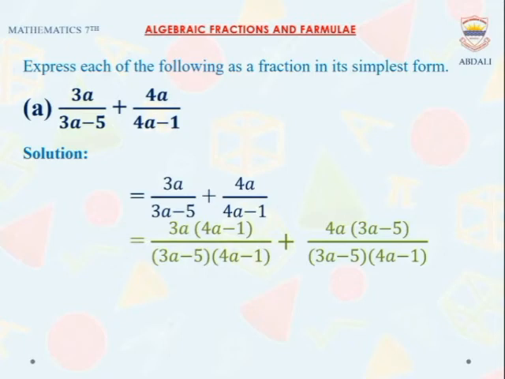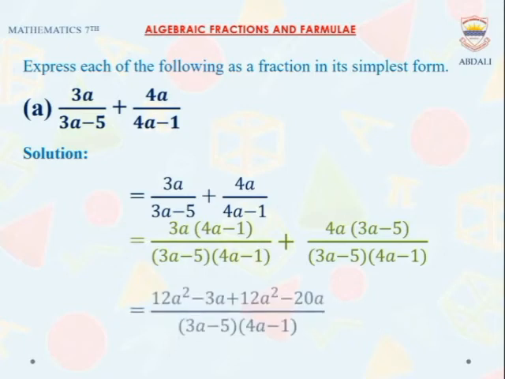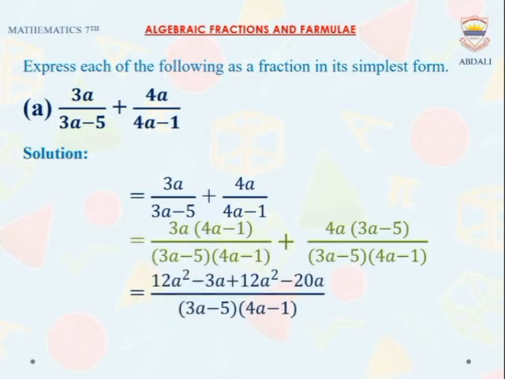So now we will rewrite our denominator as it is, and we will solve the values in the numerator. We will multiply 3a with the whole bracket 4a minus 1, and it gives 12a square minus 3a, and we will multiply 4a with the bracket 3a minus 5, and it will give plus 12a square minus 20a.